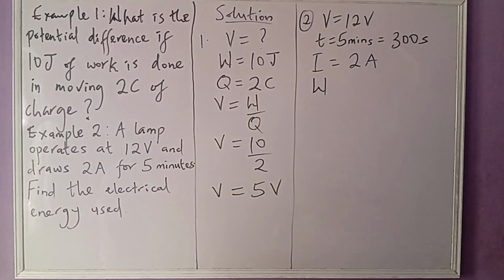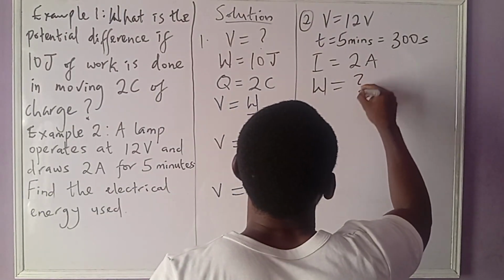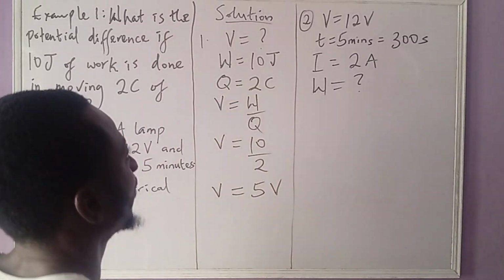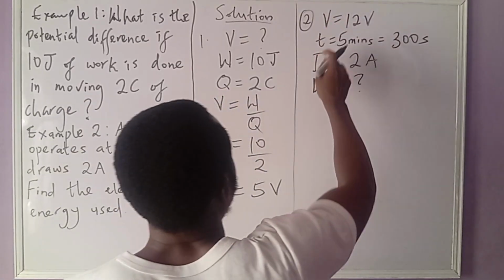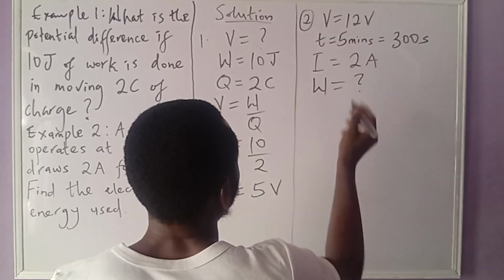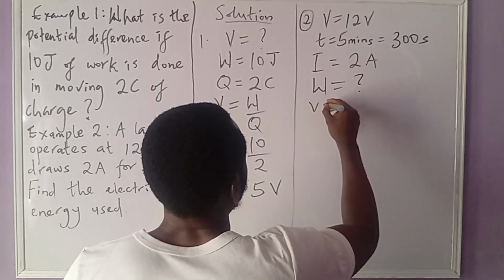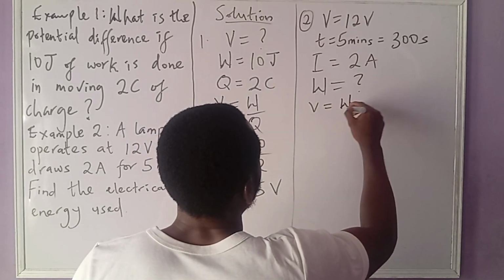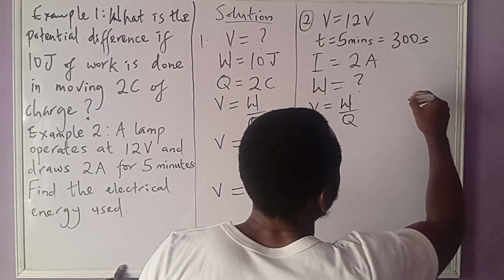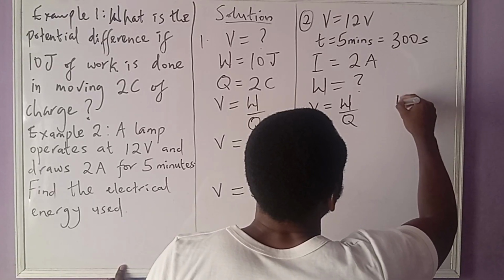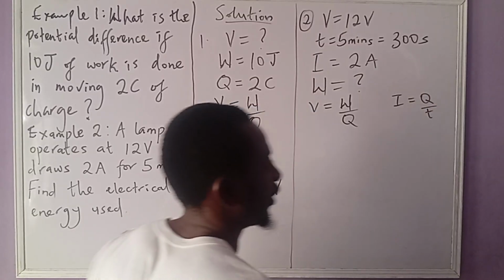So the electrical energy is the work, which is also W. Now looking at the question, we have V, T, I, and W. I can just start from the potential difference formula and say V is equal to W over Q. And from current, I already know current is equal to Q over T, the rate of flow of charge.